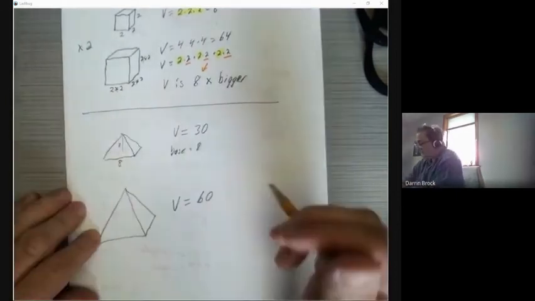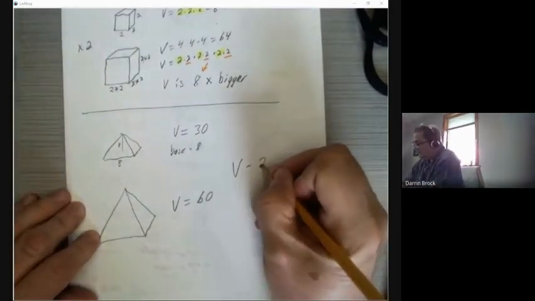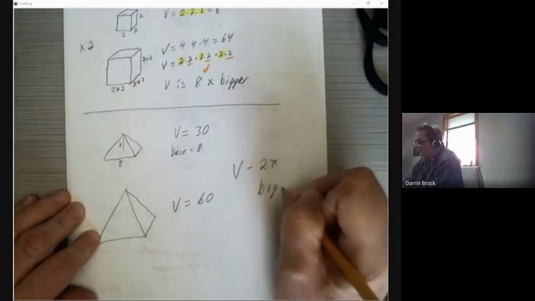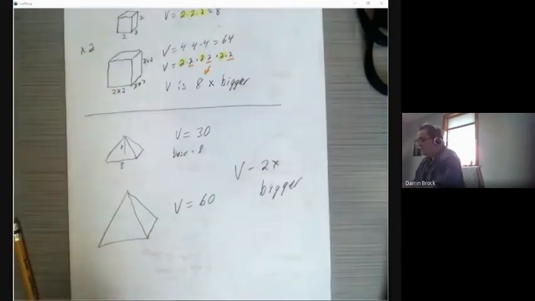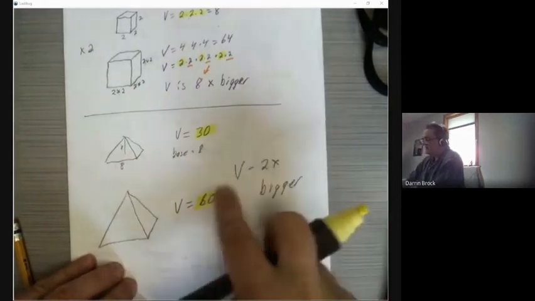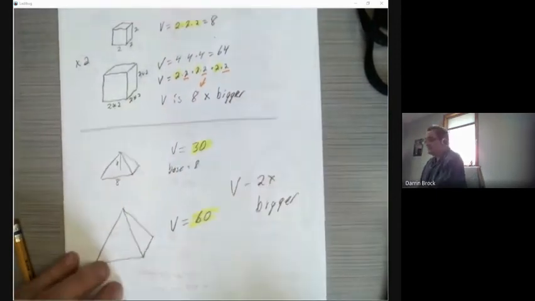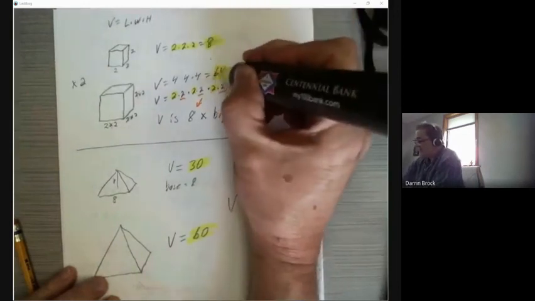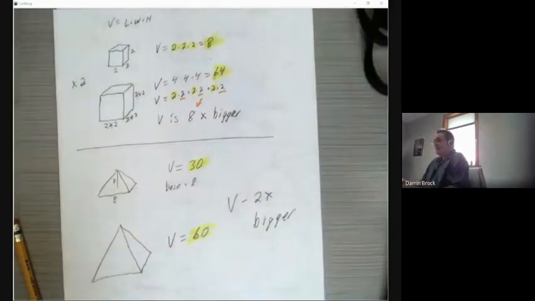This one, the volume is 2 times bigger because this one's 30 and this one's 60. 30 times 2 is 60. See, this one was 8 and 64. That's 8 times bigger. But they didn't give us that when we had to calculate it.